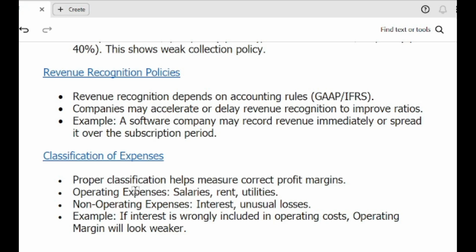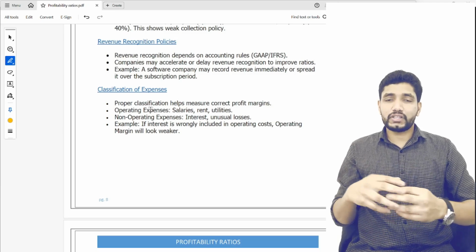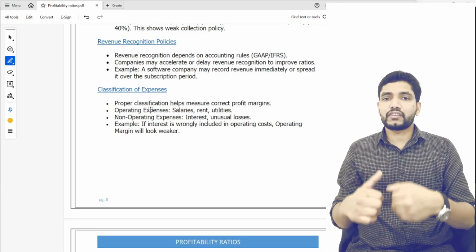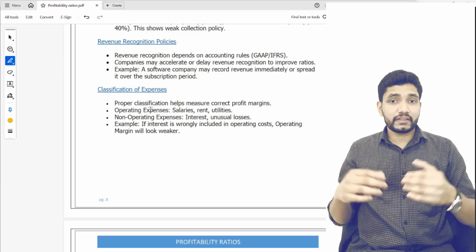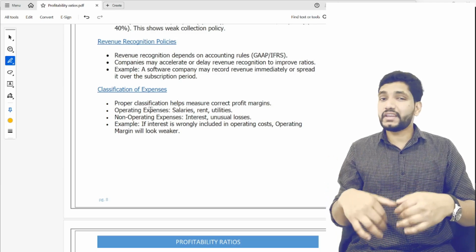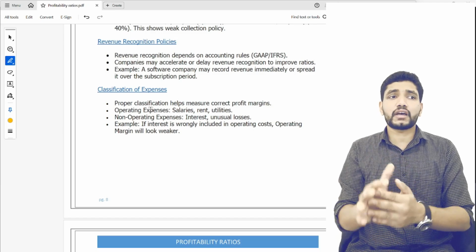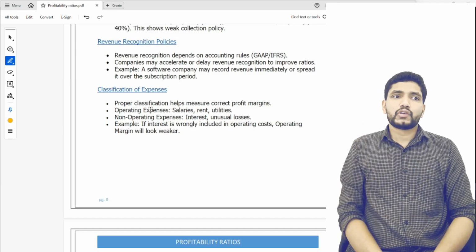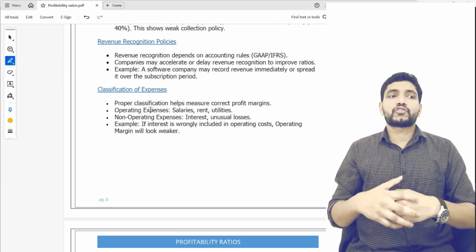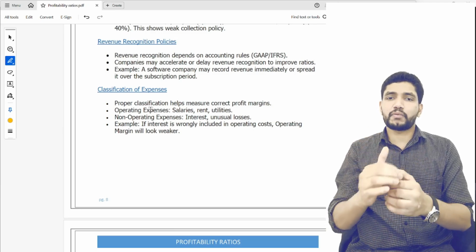But the operating profit level covers all operating expenses. The net profit covers all the expenses, whether operational, administration and selling, or any other expenses, interest and so on. So these categories of expense should be classified properly.